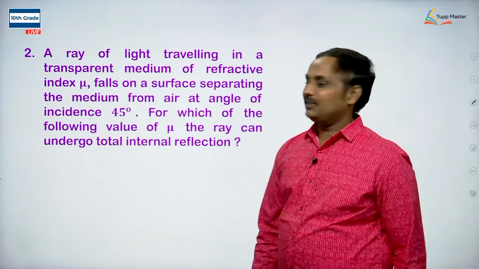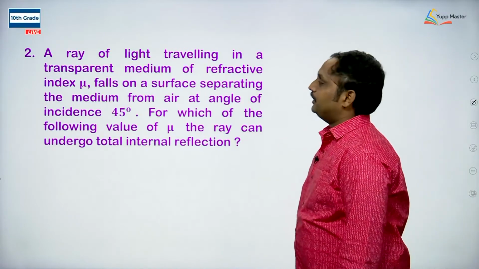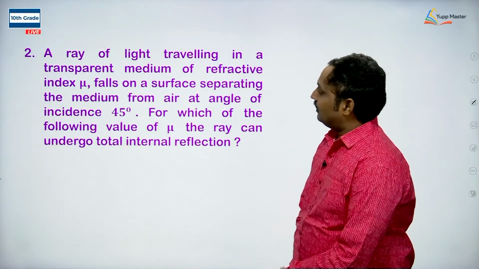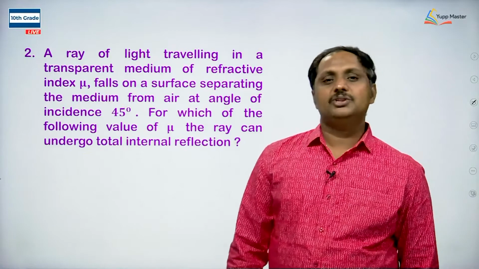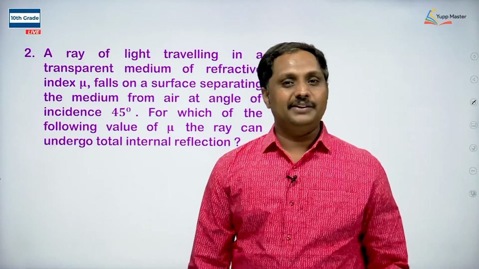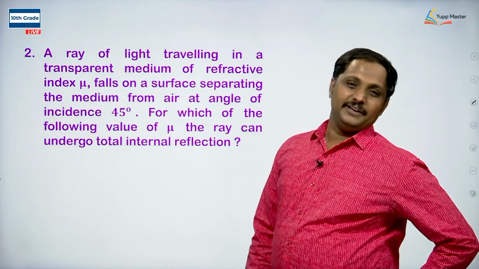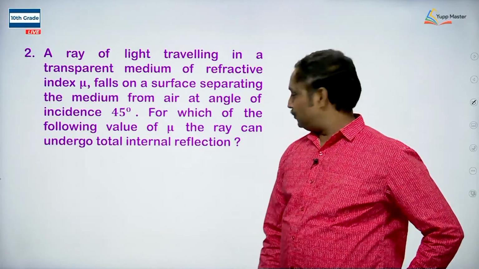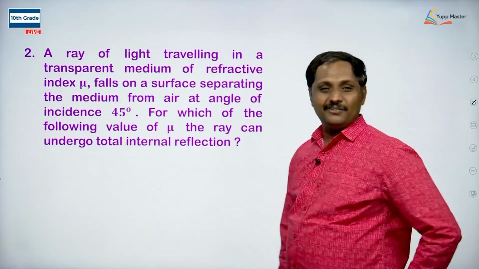They have given one problem. A ray of light travelling in a transparent medium of refractive index mu falls on a surface separating the two media, from air at an angle of 45 degrees. For which of the following values of mu can the ray undergo total internal reflection?